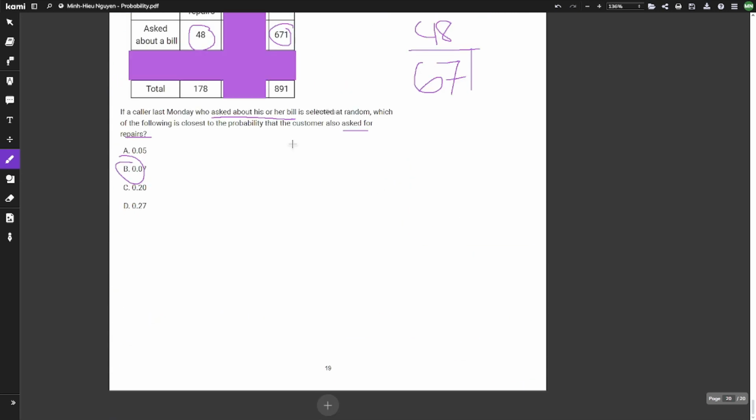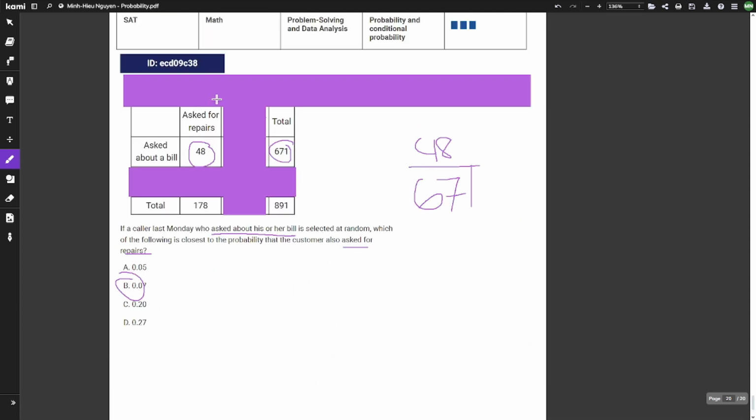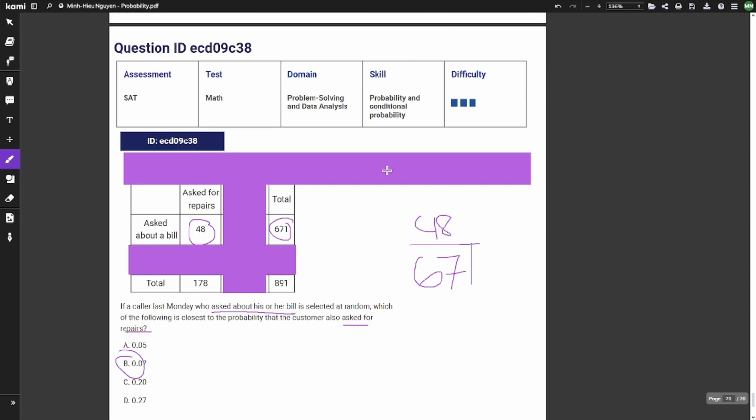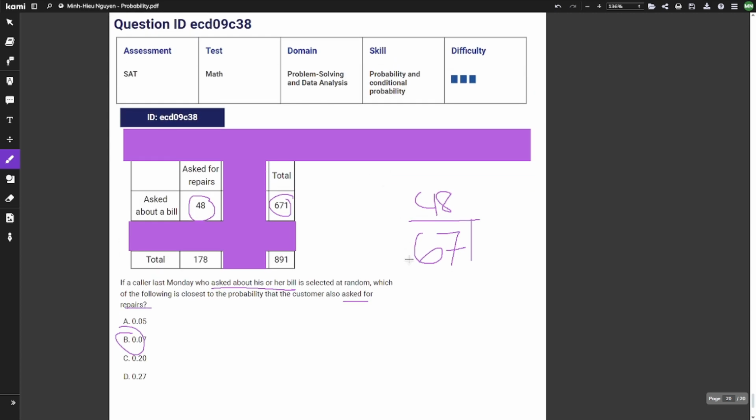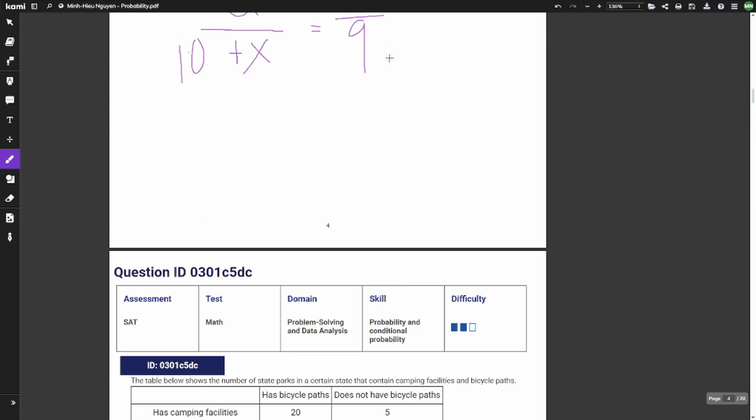But otherwise, if you read it really closely, follow it to the T, eliminate everything, get your numbers, and set up that fraction, it's gonna be so easy. Probability is so easy. Alright, that's gonna be all for probability, and I'll see ya.